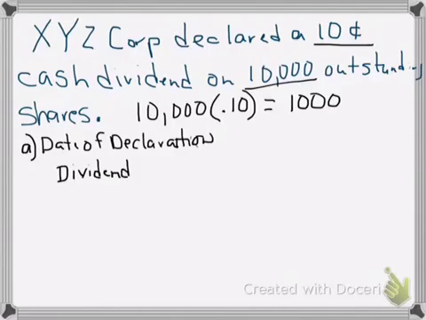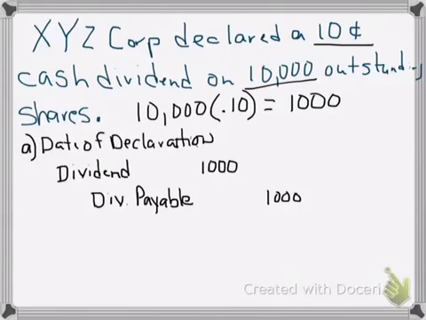Some textbooks say cash dividends, some textbooks just say dividends, so it depends on the textbook you're using, and the company you work for will depend on what its chart of accounts has in it. So this would be a dividend for $1,000. The other side is going to be the payable account. So you would have a dividend payable because we do owe this money to our stockholders as soon as it is declared. And that will be for the $1,000.